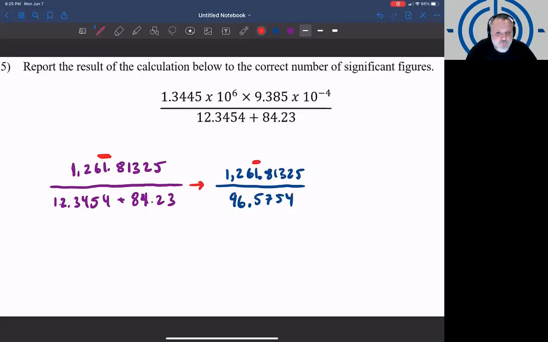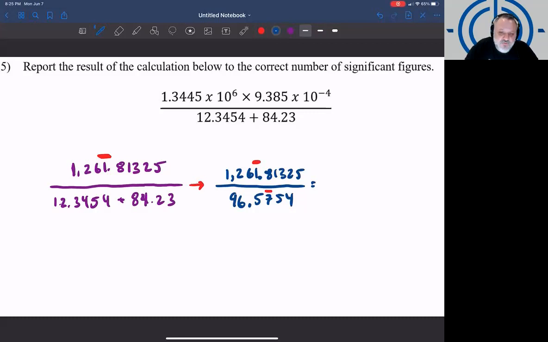The value 12.3454 has 4 decimal places. So I will report my answer to 2 decimal places. But I'm still not going to round at this point. The next calculation that I do is where the answer for that calculation, that's the one that I will round. But I'm keeping track of the number of significant figures along the way.